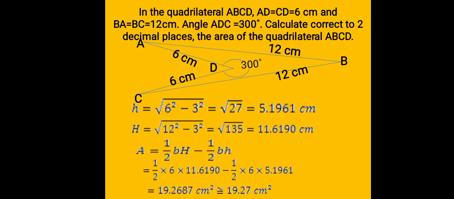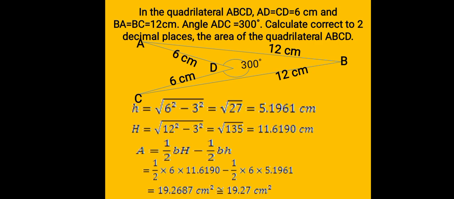This angle ADC is 60 because angle ADC is 300 on the other side. Now the angle of the triangle ADC will be 60. Now AD is 6 centimeters, CD is 6 centimeters. Automatically it means AC is also 6 centimeters. So the smaller triangle ADC is an equilateral triangle.